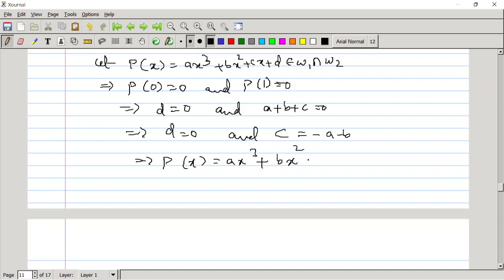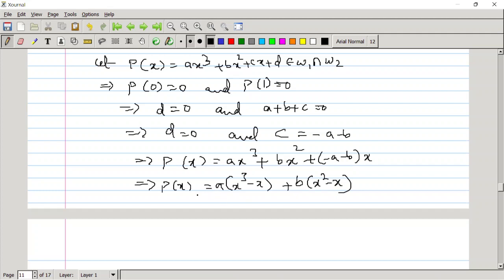We have bx square, c is minus a minus b times x, and d equal to 0. That means p of x has to be equal to, if we take a as common, a times x cube minus x plus b times x square minus x.